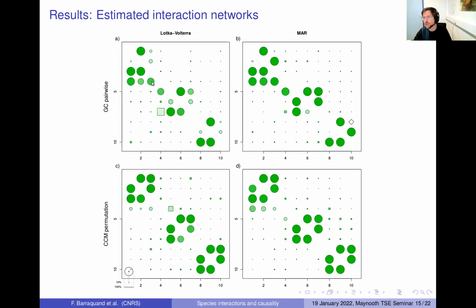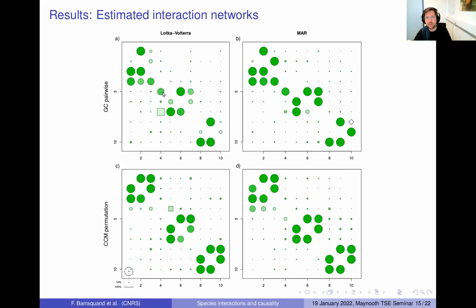Large green circles are when the technique is doing well, and large squares are when the technique is giving us false positives. As you can see here, on the top left panel, for instance, you get fairly well the modules that we had previously in our interaction matrix.